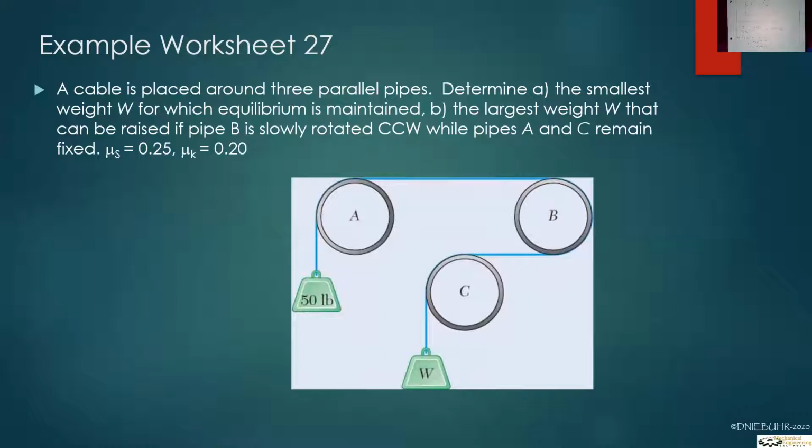It's not super difficult, but there are actually two questions. First, the smallest weight W for which equilibrium is maintained. So you have to figure out how you maintain equilibrium. And the second part is if you were to rotate pipe B counterclockwise while pipes A and C remain fixed. So now you're given both static and kinetic friction. You're going to need that for this problem.